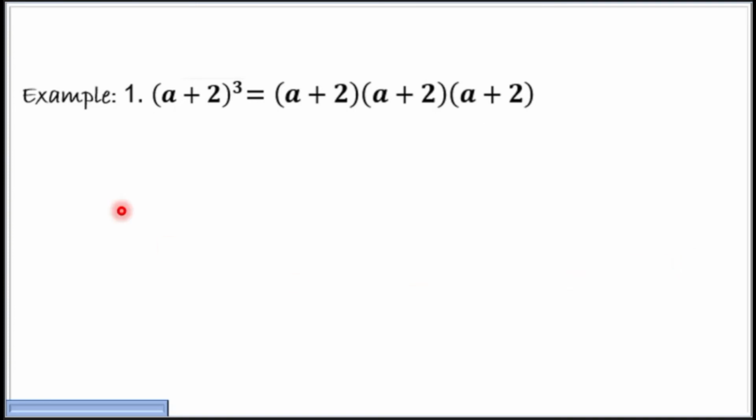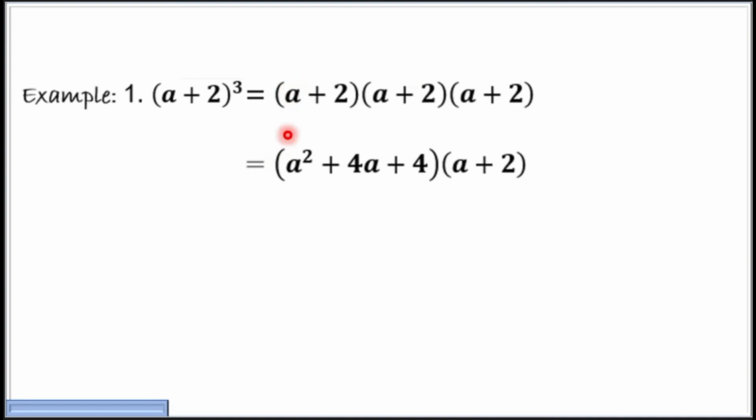Example number 1. Using the FOIL method, or we express it as 3 groups. The base is multiplied three times, so a plus 2 is also used three times. That will become, first we do these two.